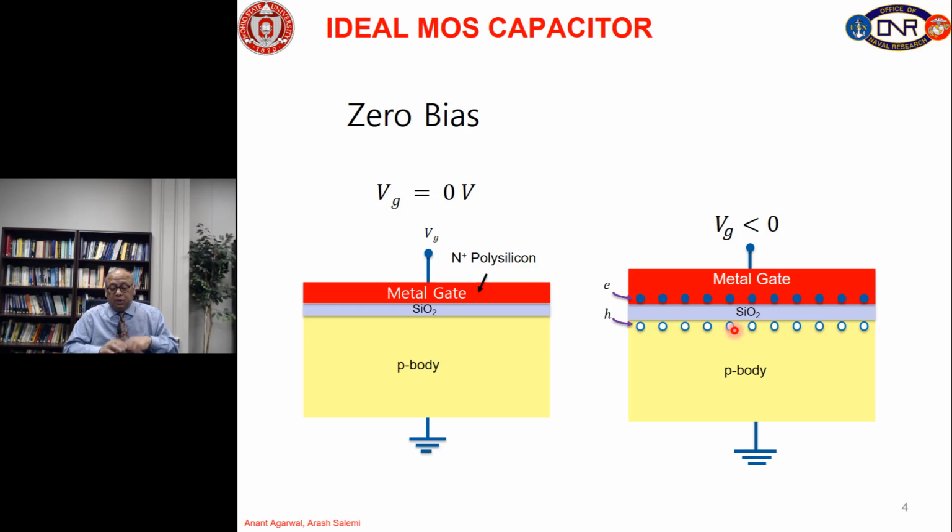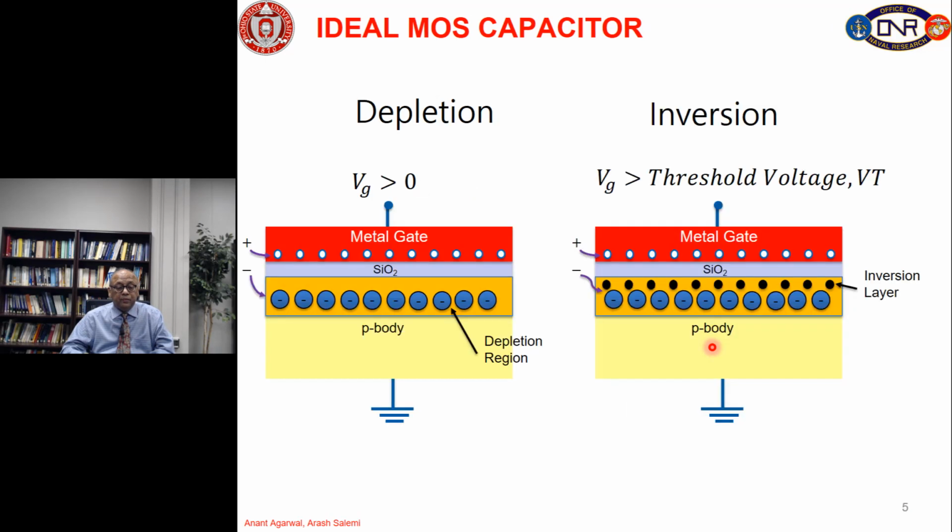So, the positive charge in the semiconductor will consist of holes, and this layer is called the accumulation layer, meaning we have accumulated holes in a p-type semiconductor. And the capacitance defined by this thickness, 2 parallel plates, is called the oxide capacitance, and that oxide capacitance will then drop this negative gate voltage. So, this condition is called the accumulation.